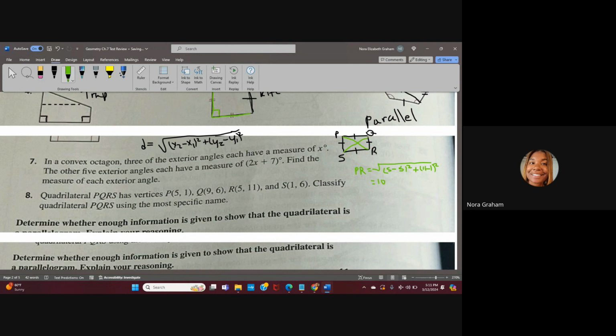And then if you do SQ, or QS, it doesn't matter, I'll just put QS for now. Square root of 9 minus 1 squared plus 6 minus 6 squared.